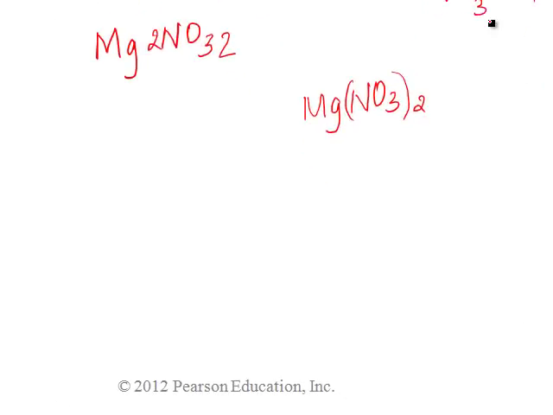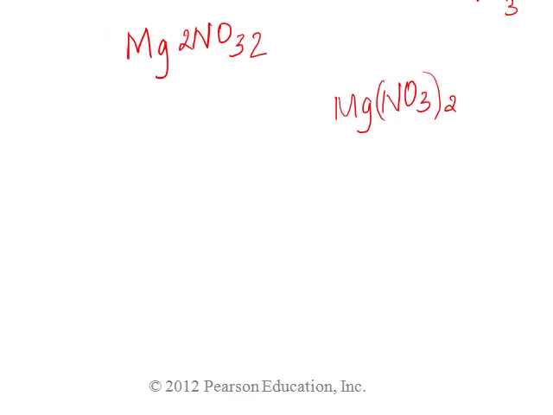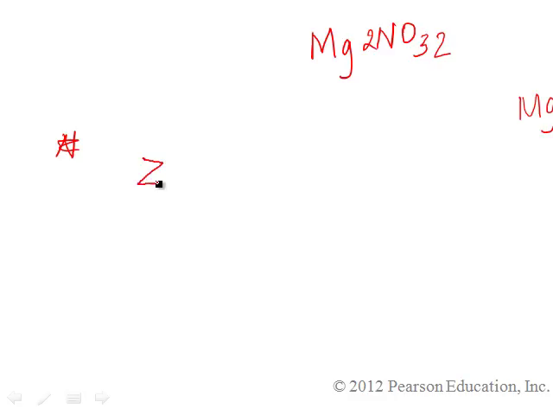The second case is zinc 2+ and SO4 2-. So, zinc 2+ and SO4, another polyatomic ion, 2-. Look at the charges. How many do we need of each of them to be balanced? Just 1, 1, right? There is 2+ and 2-. So if you take 1, 1, it's good.